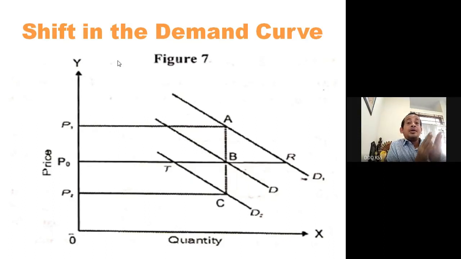Now if there is a change in these factors like income, taste, preference, habit, or price of the related goods, and due to that a change in the demand takes place, it is known as the shift in the demand curve.